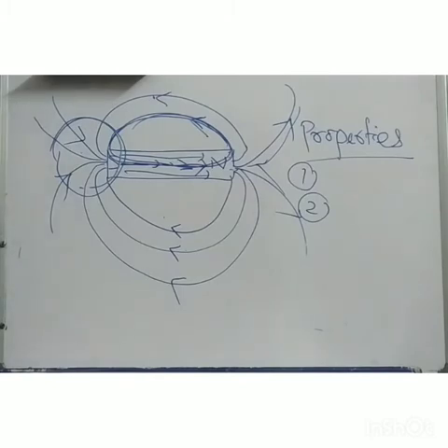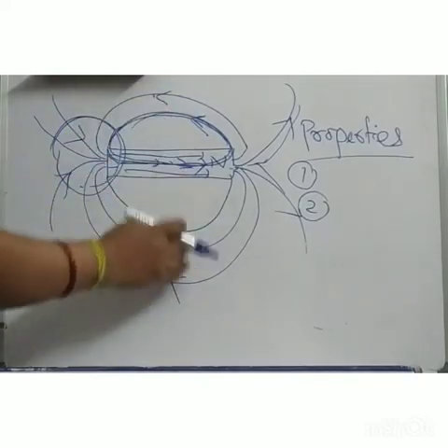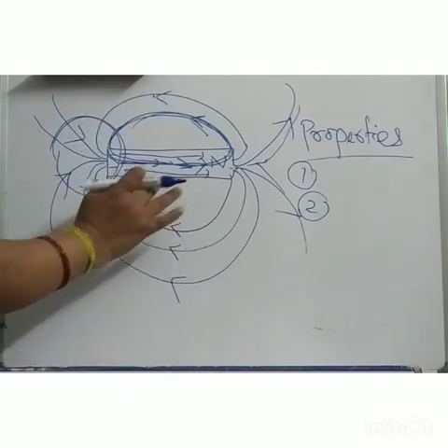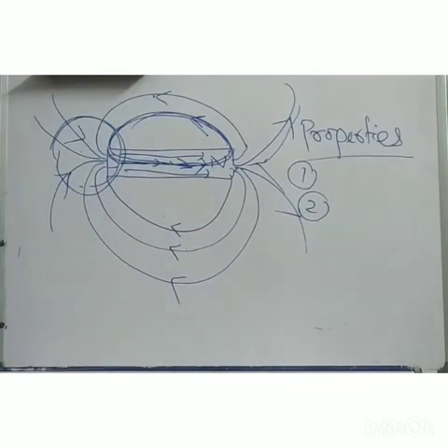Is it clear? The field lines are crowded near the poles, which indicates the magnetic field is strong here. And in the middle, where it is not crowded, you will see the magnetic field is weak.